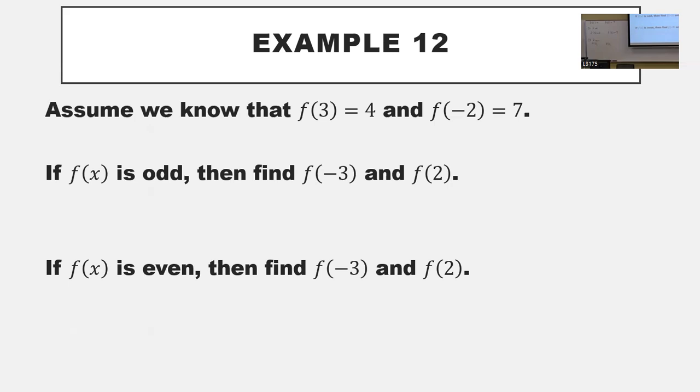If f is even, where does f send negative 3? Just 4, exactly. If f is even, it sends it to the same place that it sends 3. So 3 gets sent to 4, negative 3 would get sent to 4. In the same vein, f of 2 would have also had to have been sent to positive 7.